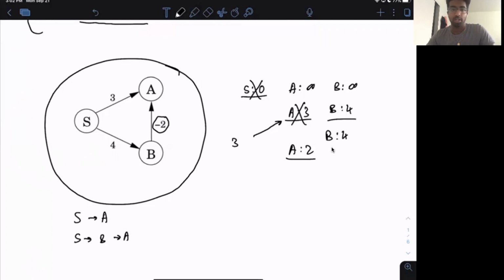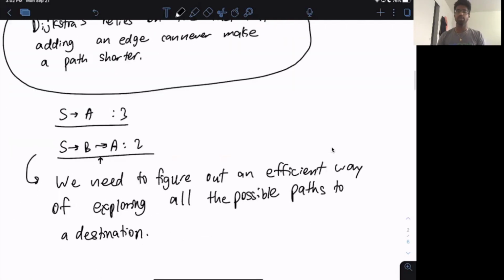We would have returned the correct answer of 2 being the shortest length. And so if we had a way to explore all the possible paths from the start to the destination, then we could compare all those paths and see which one is the shortest distance.